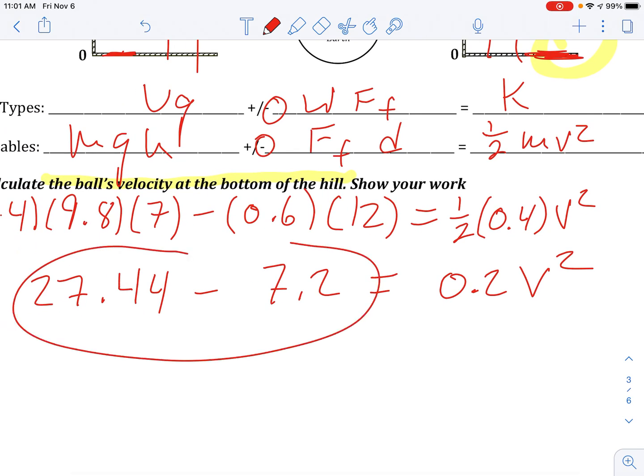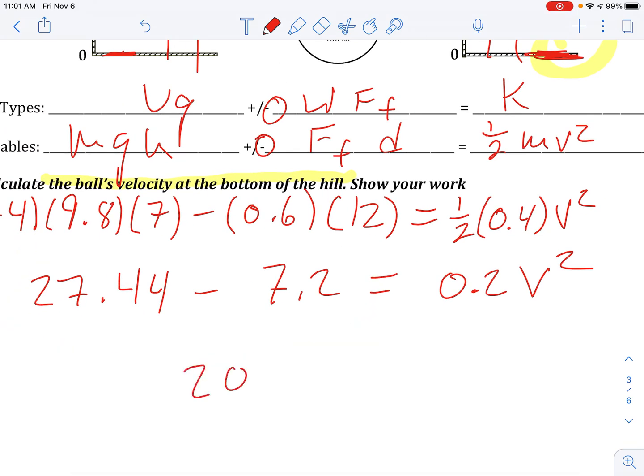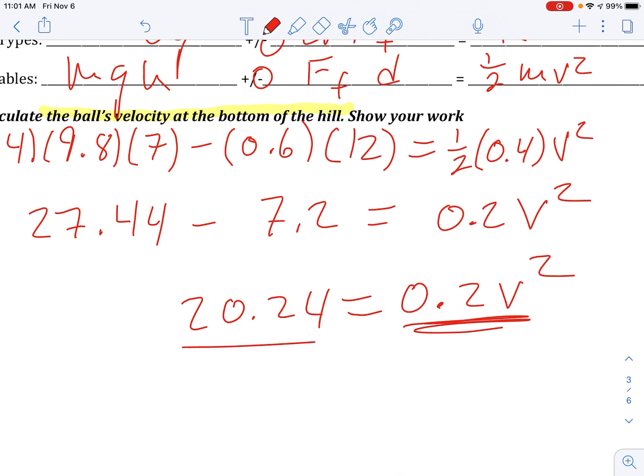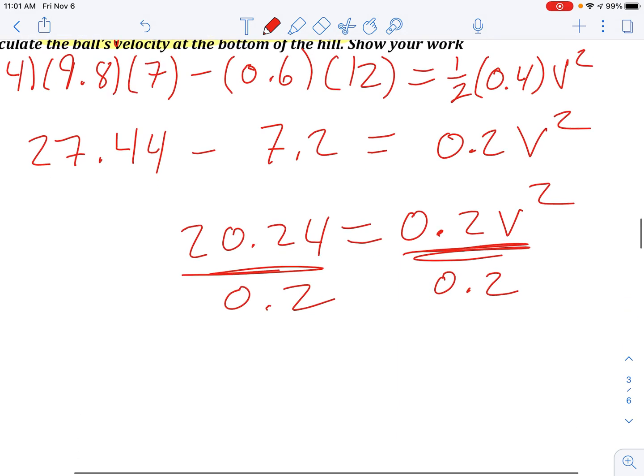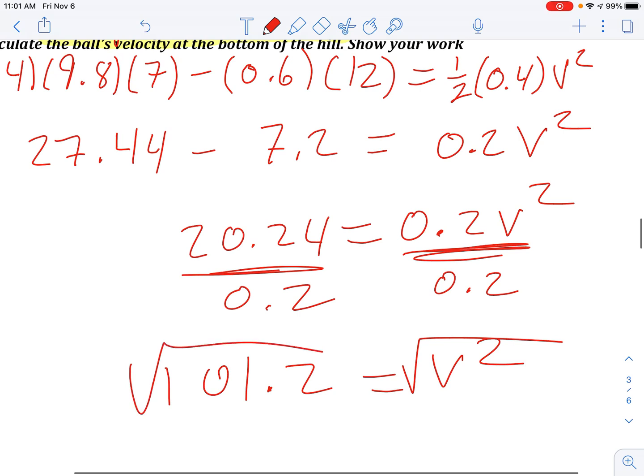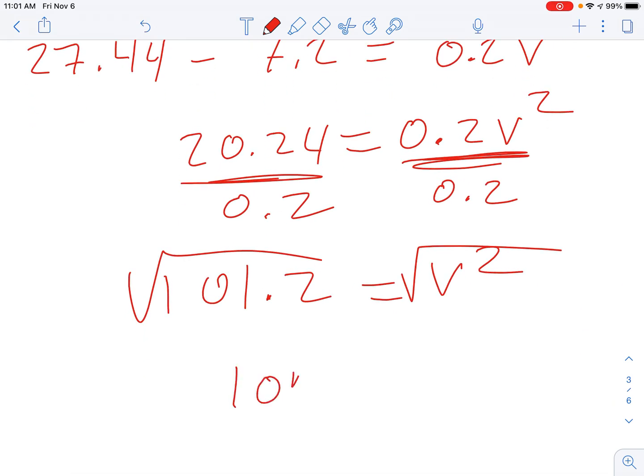Take the difference of these two over here, and we get 20.24 equals 0.2 v squared. Since these are multiplied, I'm going to divide the 0.2 over, and I get 101.2 equals v squared. And we still need to square root both sides, and when we do that, we get 10 meters per second is the velocity.